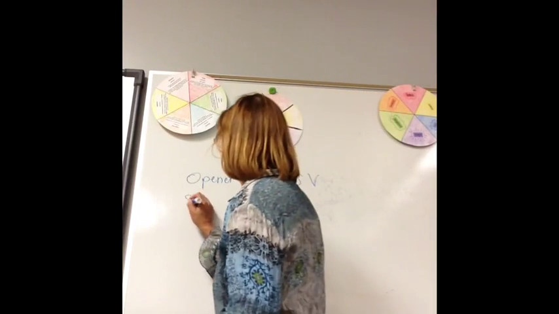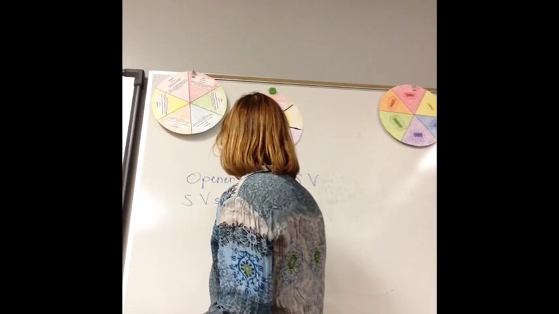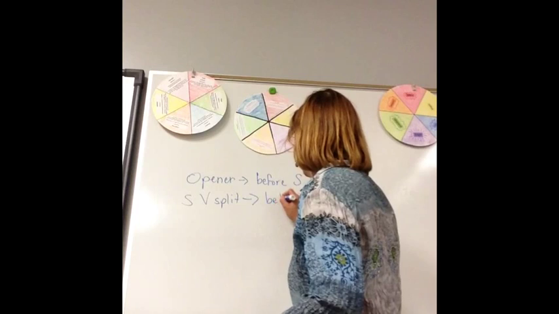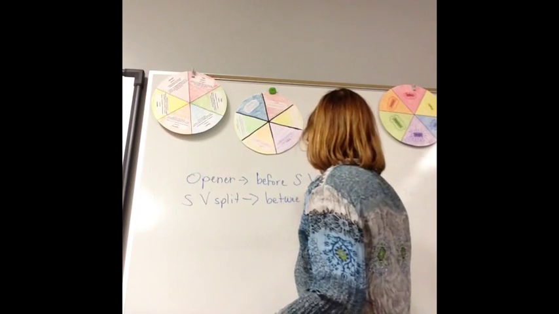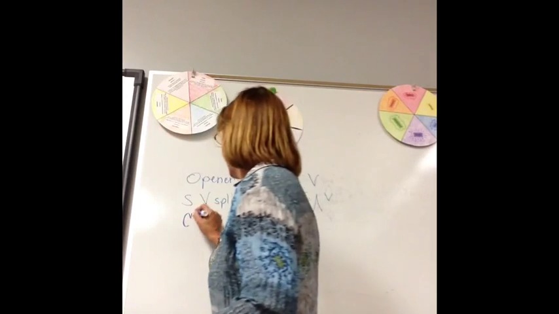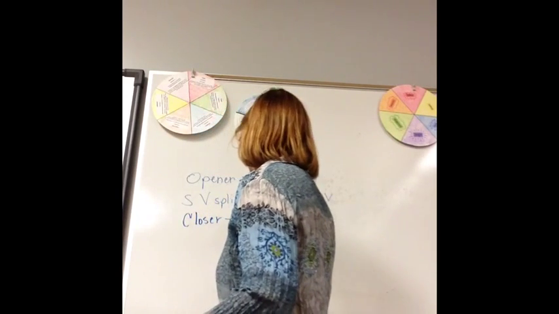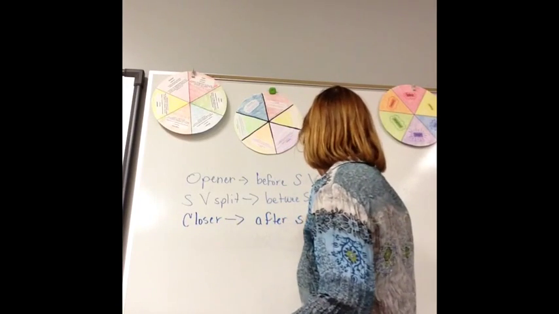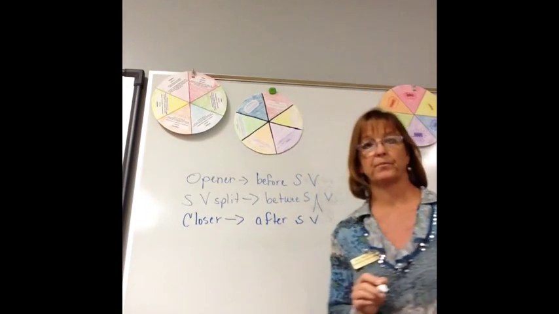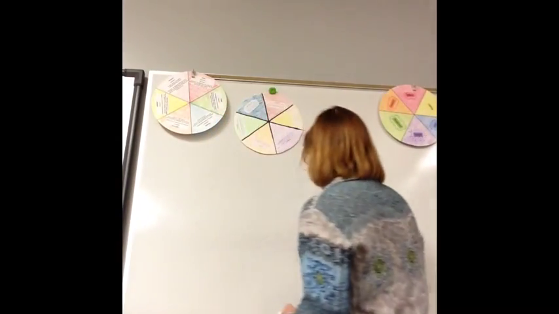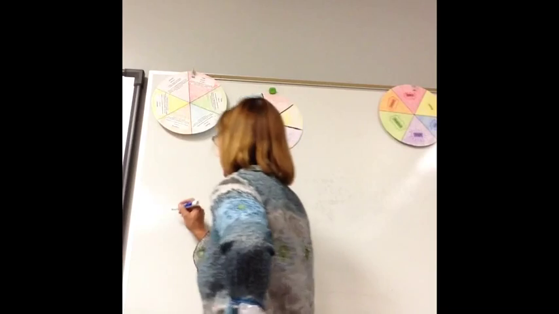They can come as what we call an SV split, in that they come between the subject and the verb, or they can come as a closer, and they come after the subject and the verb. All right? So, let's look at maybe an example of that. We're going to stick with our clauses.